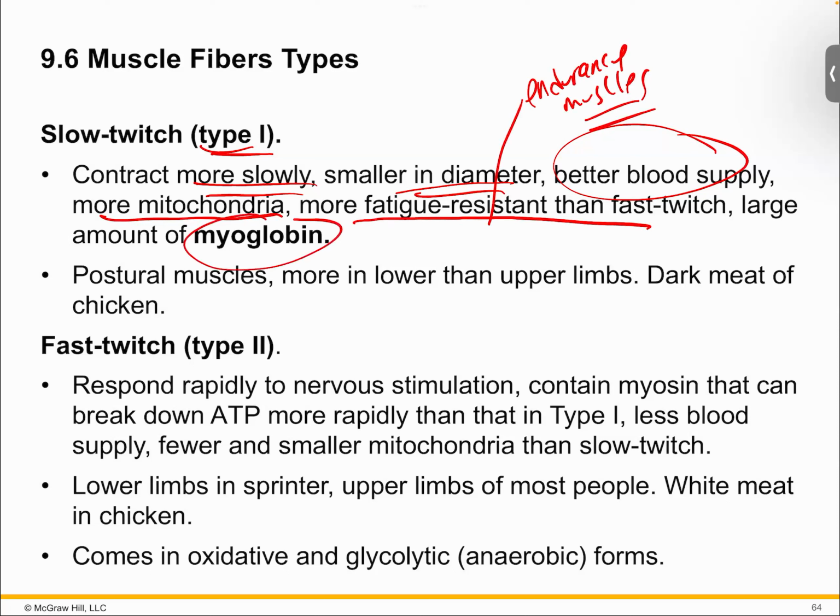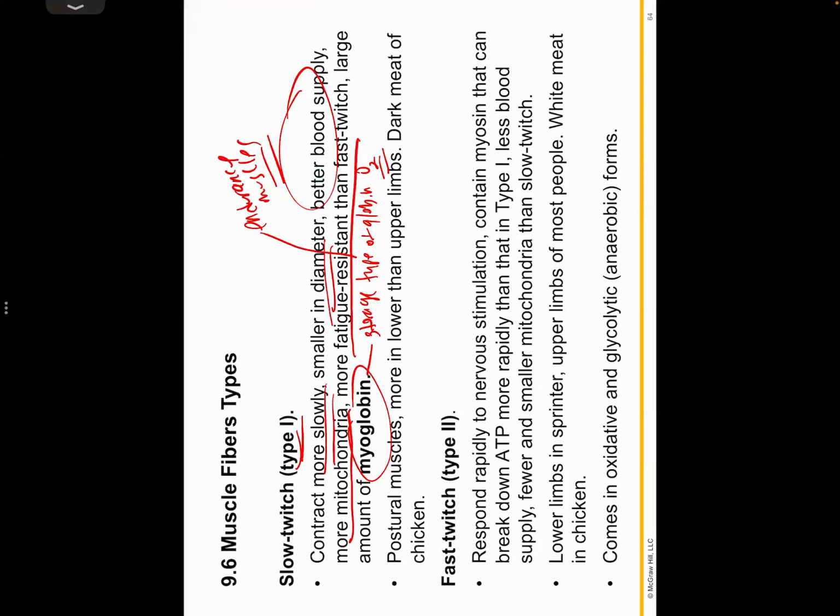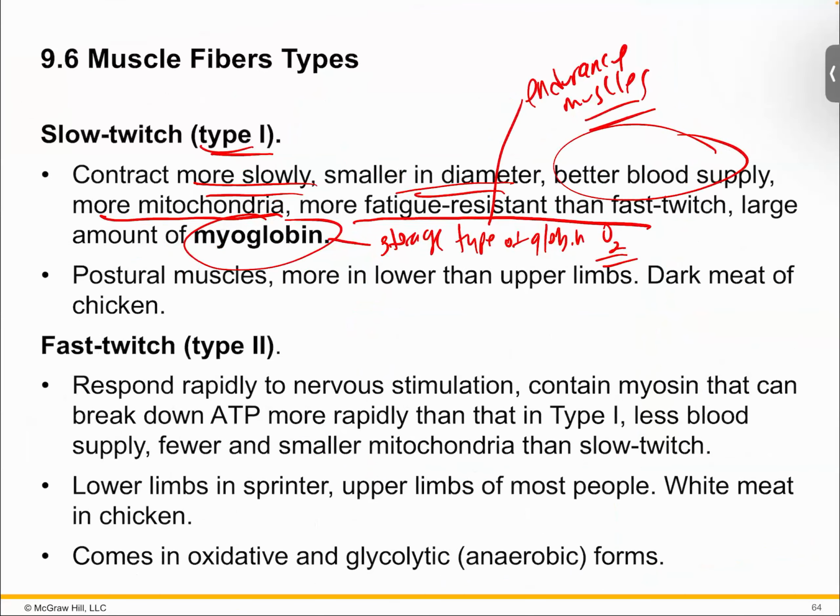And they tend to have a lot of myoglobin. What's myoglobin? This is basically the storage form. It's a storage type of globin, and it stores oxygen. So hemoglobin is what's in your blood, but hemoglobin has the ability to grab onto oxygen in some circumstances and let it go in others.